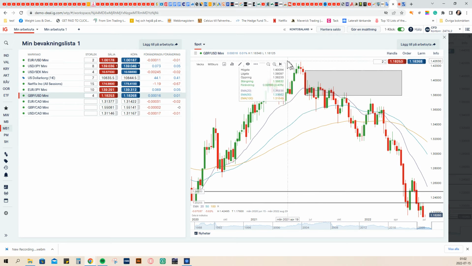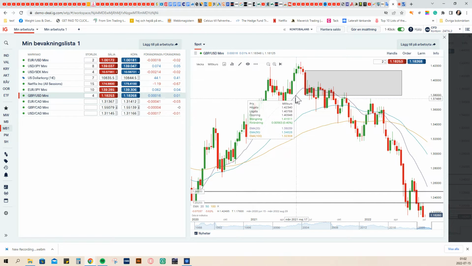So if you, for instance, have your stop loss here and your entry here, the risk of loss is lower. But on the other hand, if you have your sell order here and it goes up, you have to take a much bigger risk, a larger stop loss, because the entry is here and the stop loss is here.